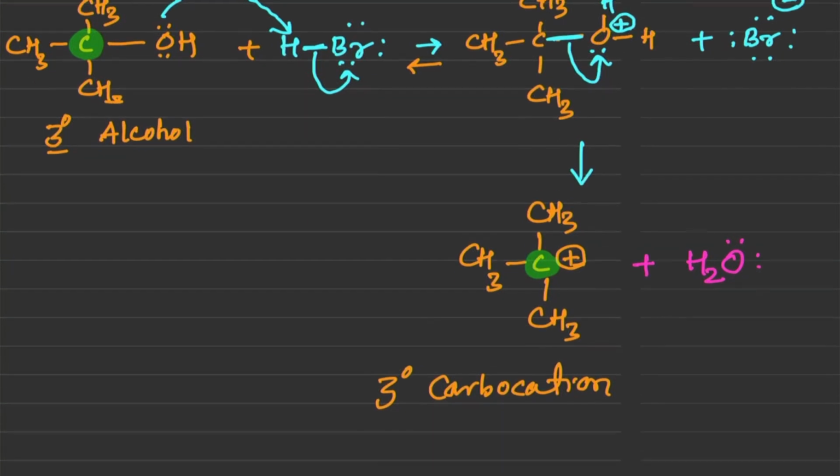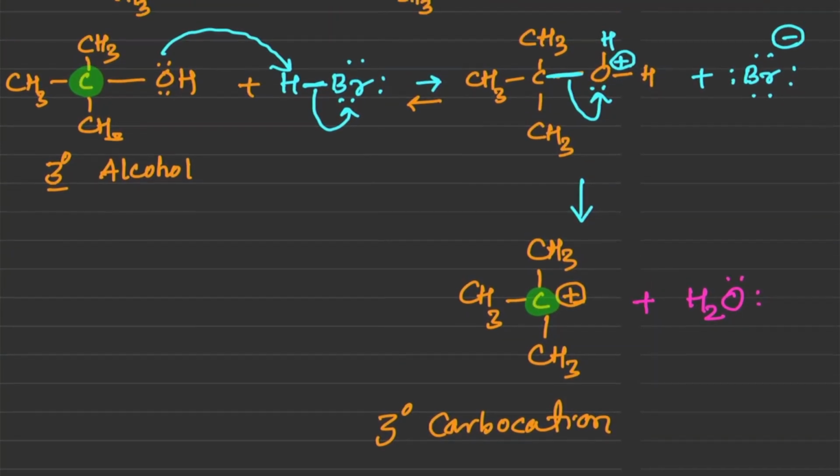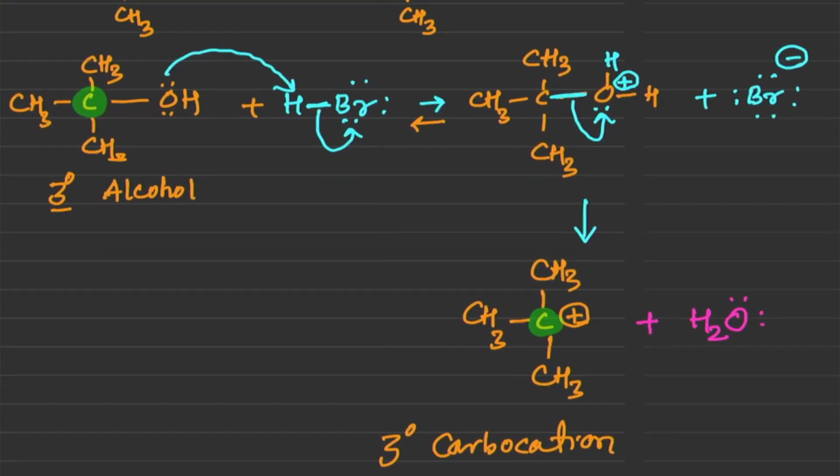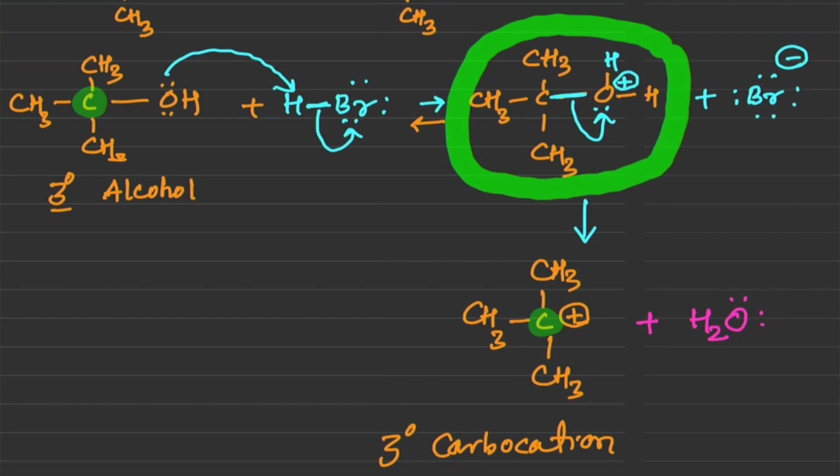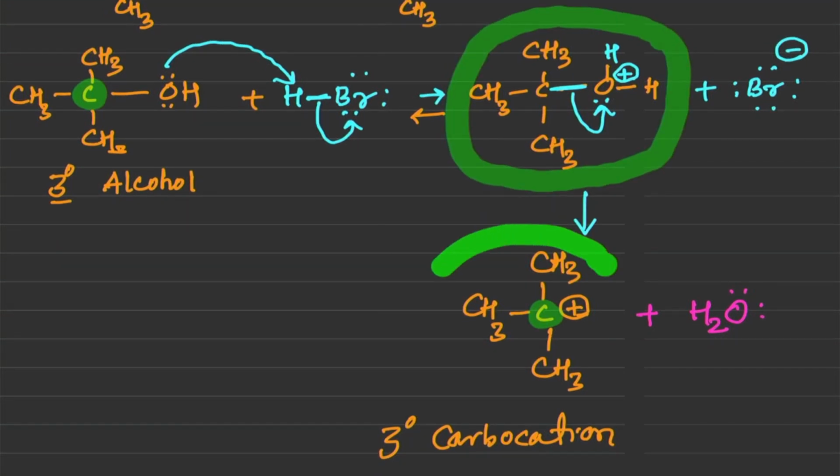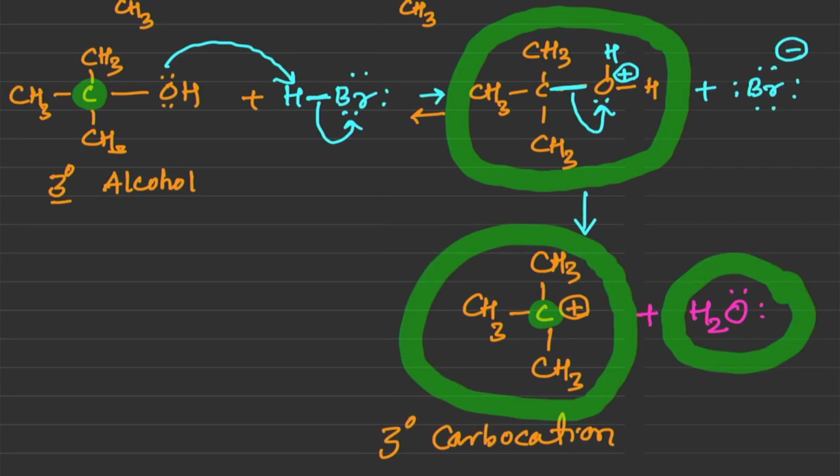So let's look at the mechanism here. This step is critical. If you noticed, this molecule here split into 2 molecules, right? So that's an example of, dash, unimolecular or bimolecular reactions.